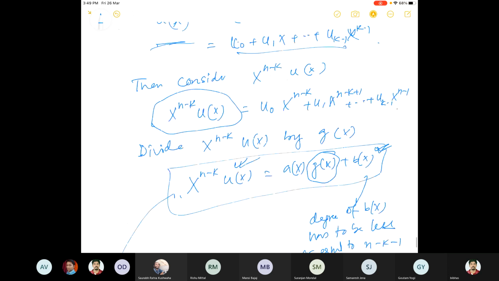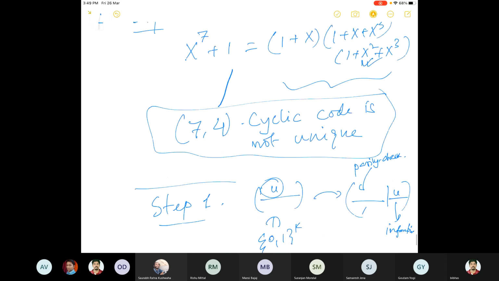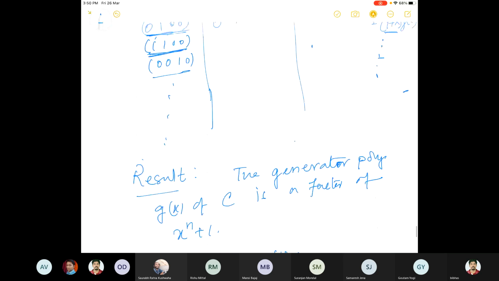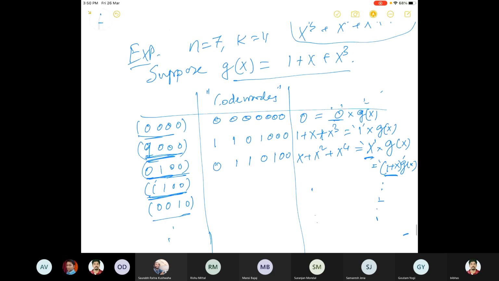Whatever we said before, there was no such connection. We said, okay, you take gx, multiply this by ux, and then construct all the polynomials. We started with gx, one polynomial which can be obtained as a factor of x to the n plus 1. Once you get gx, then you have a corresponding ux, you take ux.